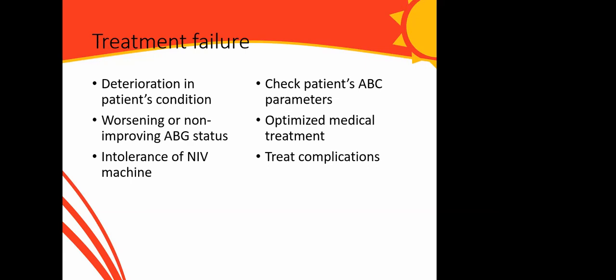And when you obtain your ABG and you're still having hypoxemia or hypercapnia, and your pH is becoming more acidotic, you know that your NIV is not working. Intolerance: some patients cannot tolerate it, and there's no need of forcing a patient on a therapy that he cannot tolerate. Some of these patients may require conversion to invasive ventilation, putting in an endotracheal tube, instead of just continuing with a failed therapy.